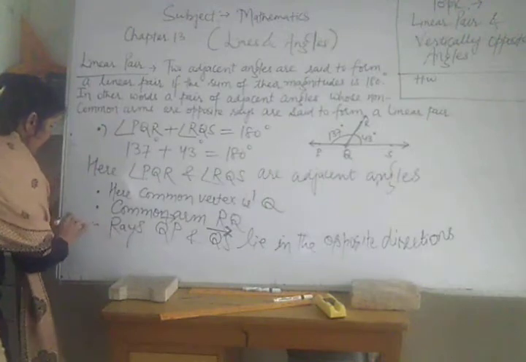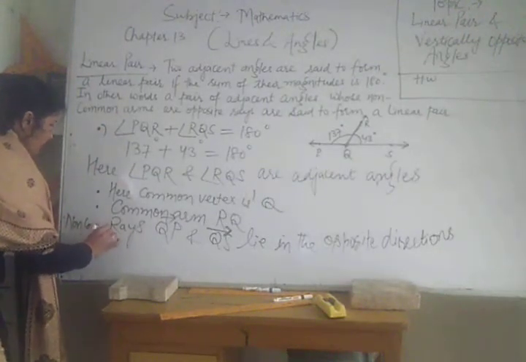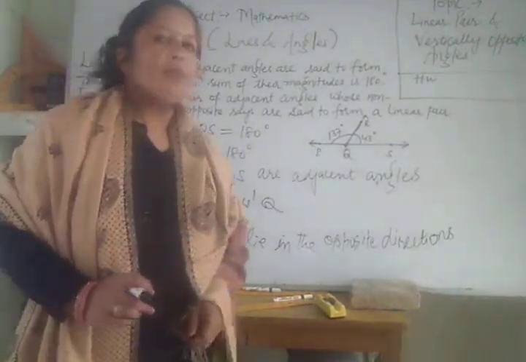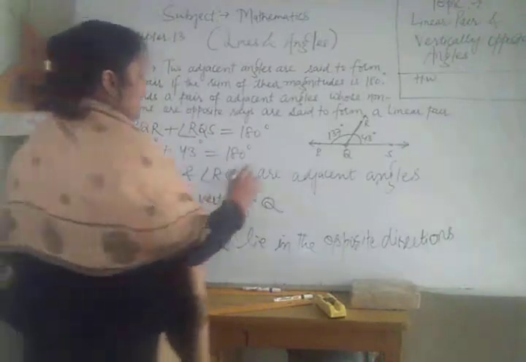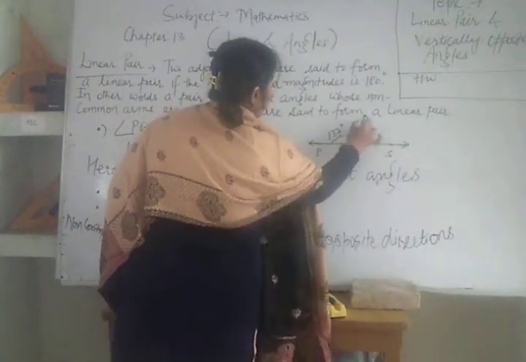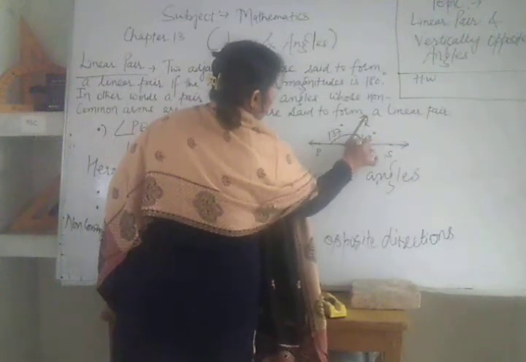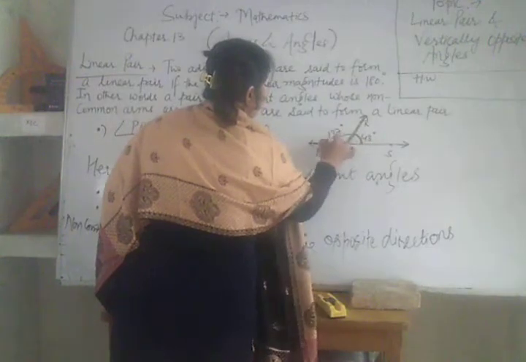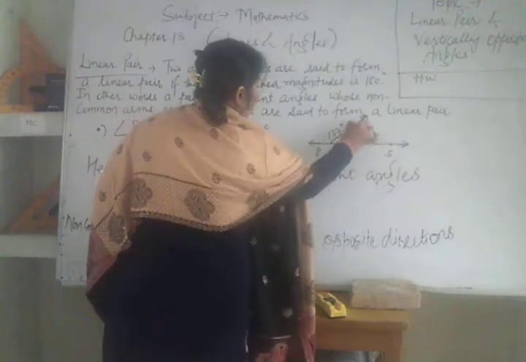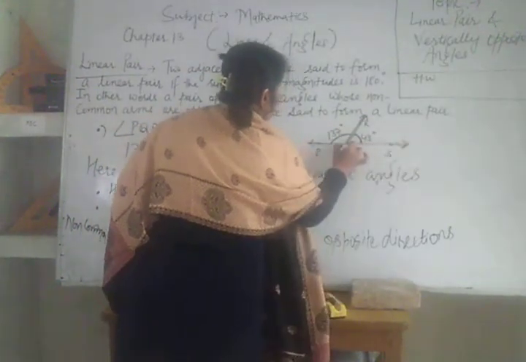The non-common rays QP and QS lie in the opposite directions, and ray QR is the common ray. This is the angle of 43 degrees and here is the angle of 137 degrees, angle RQP. This ray is common, these two rays are non-common, and this is the common vertex.